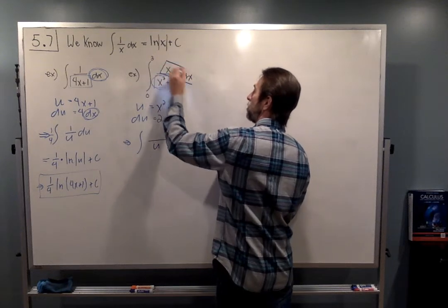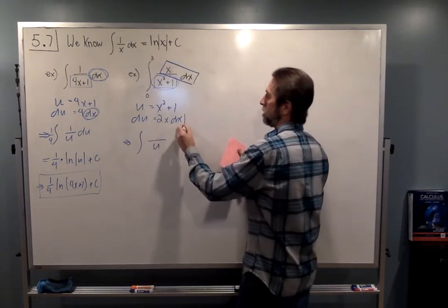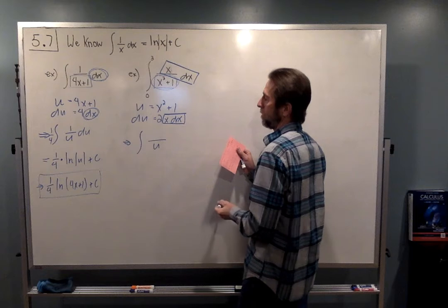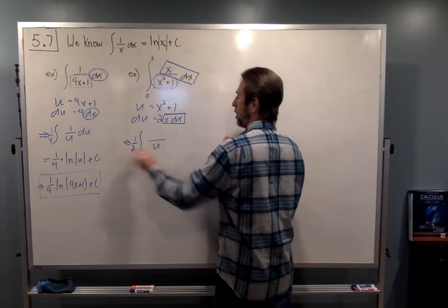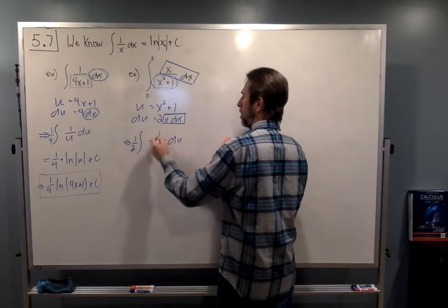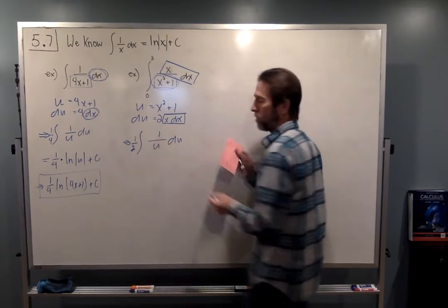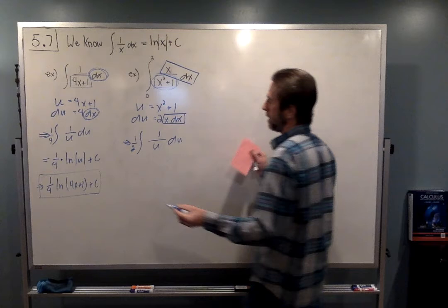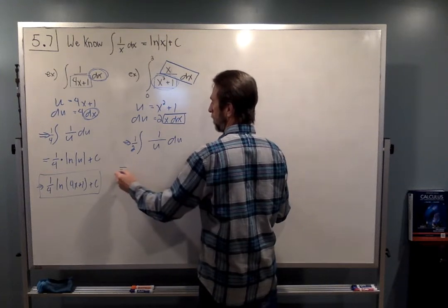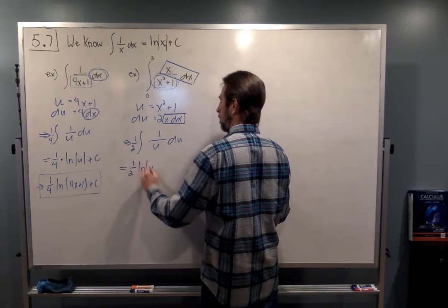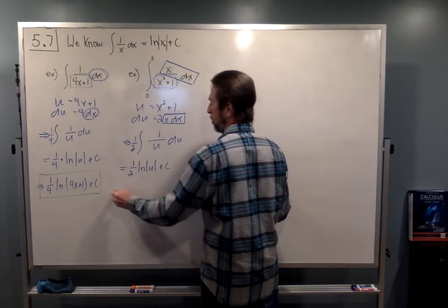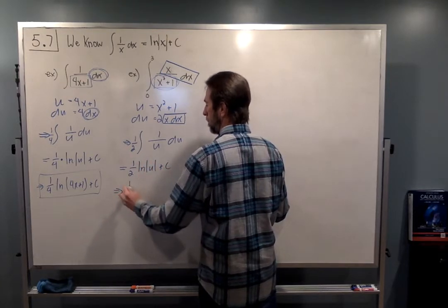Now the x dx part: if I solve for x dx, that's going to be 1/2 du. I could put the du on top of the u, but I'd rather not. And here we go again. We now integrate it, and put it back in terms of x's.